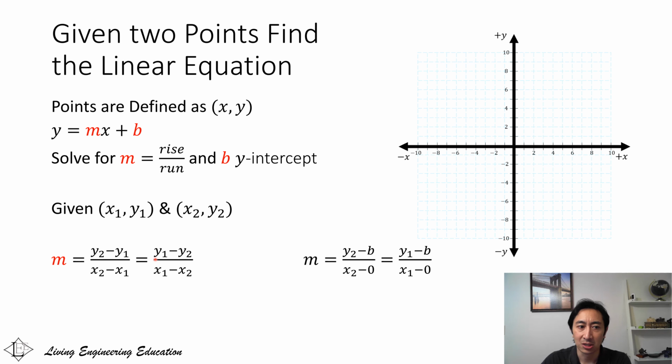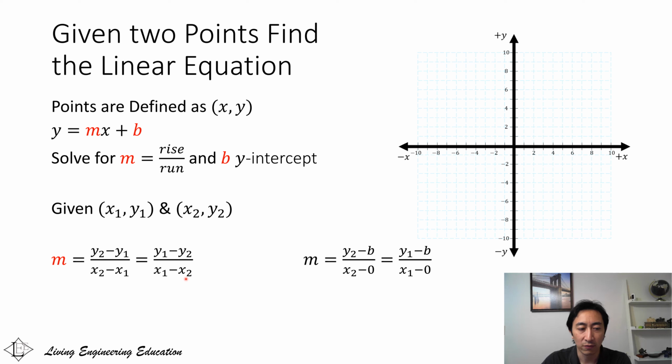We can see that the signs are the only difference here, and they will cancel out because you're dividing them. So it doesn't matter which one you choose, whether you want point 2 subtracted by point 1 or point 1 subtracted by point 2. You just have to be consistent. If you're not consistent for the y and the x components of which one you're subtracting, you'll have a sign error. So as long as you do that, you're fine.